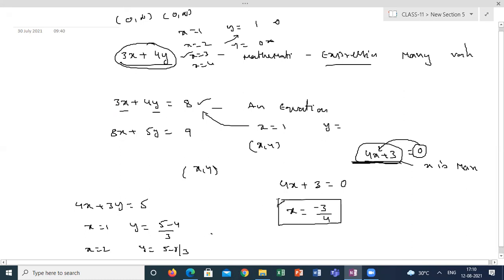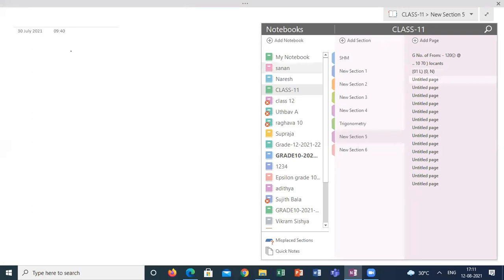So the equation may have one solution or many solutions based on how that equation is given. In algebra, if I have two variables, I need two equations to solve it.